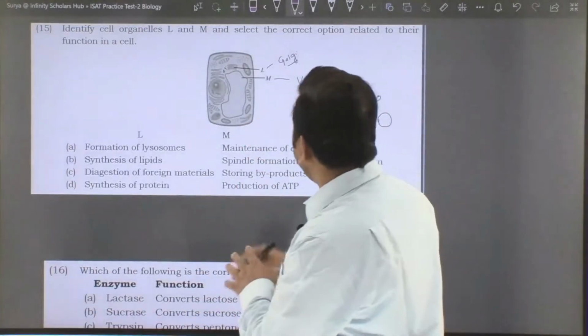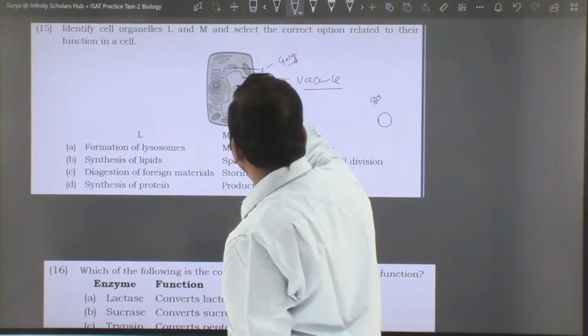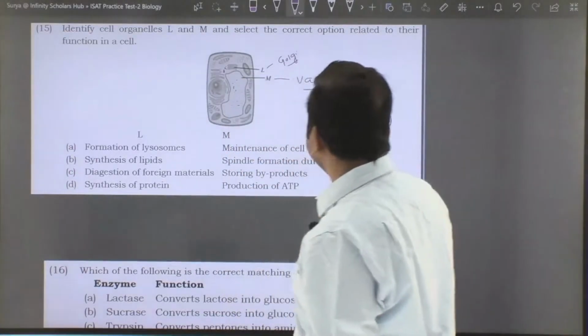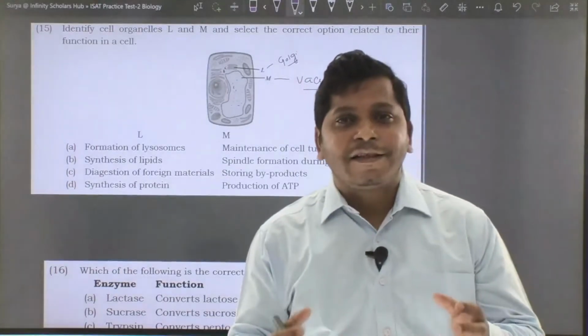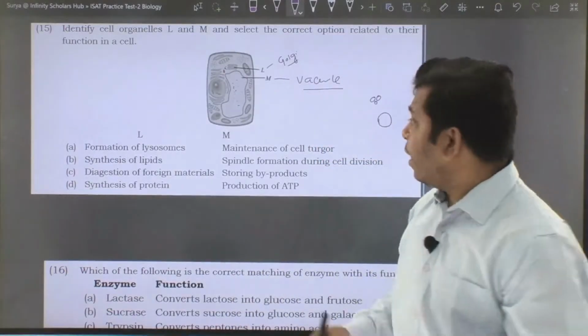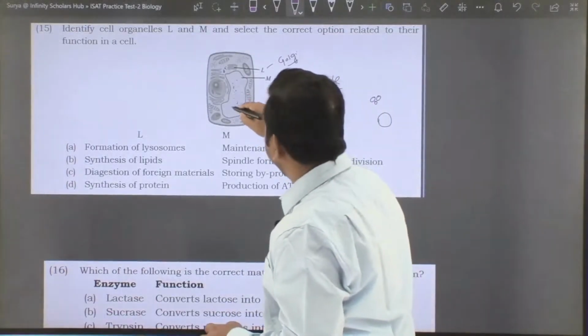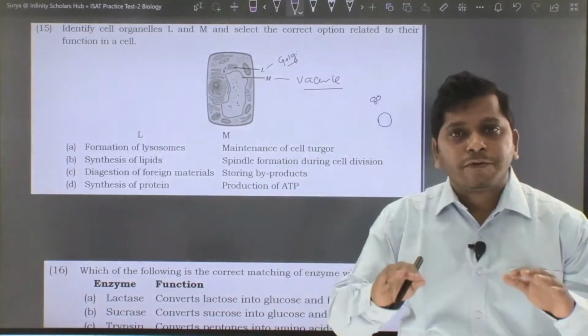What is the content of the vacuole? The vacuole contains a lot of excretory products, cell sap, a high amount of salt and all those things. When these materials are inside the vacuole, the water potential is going to decrease.